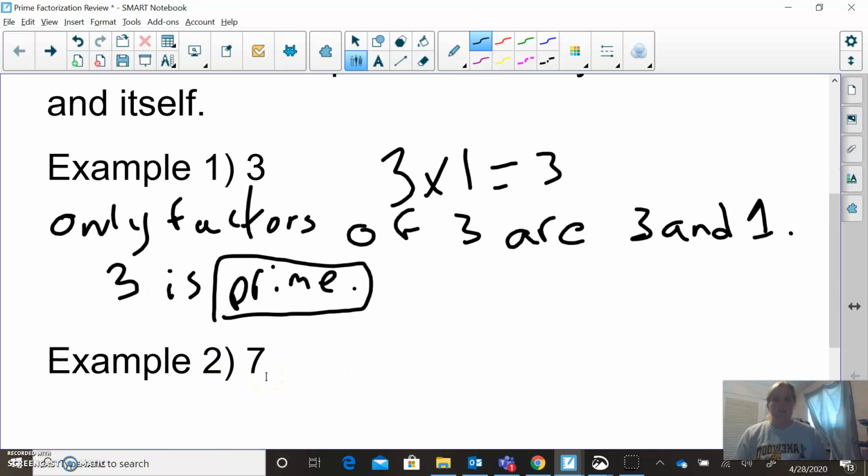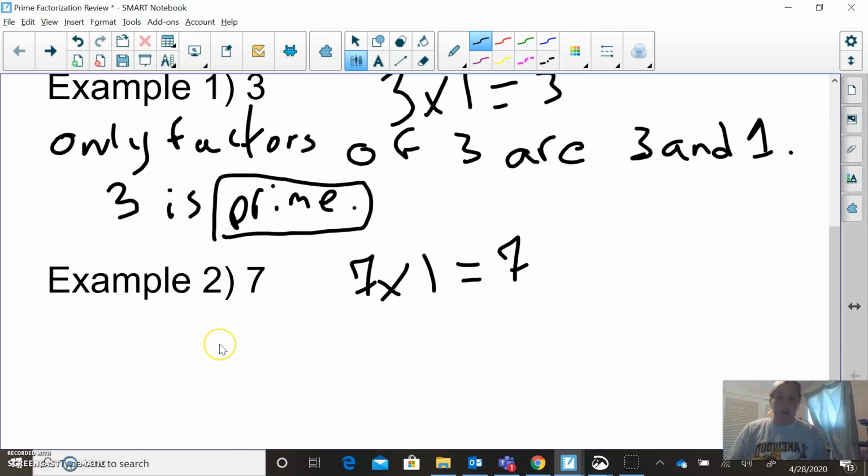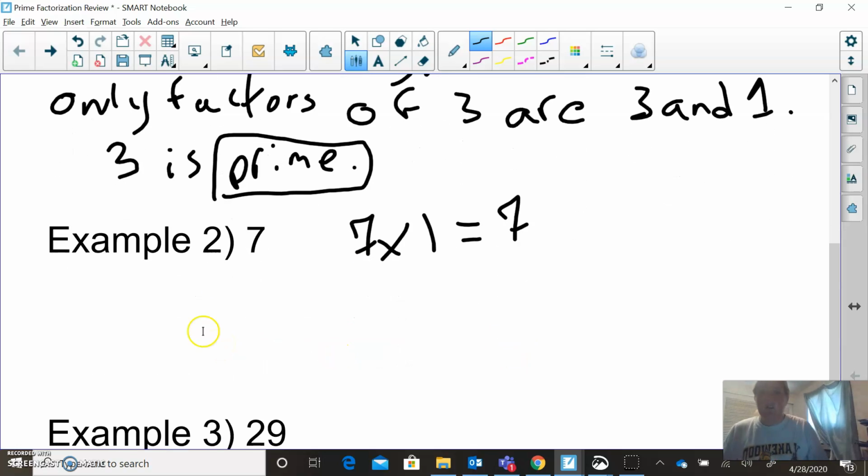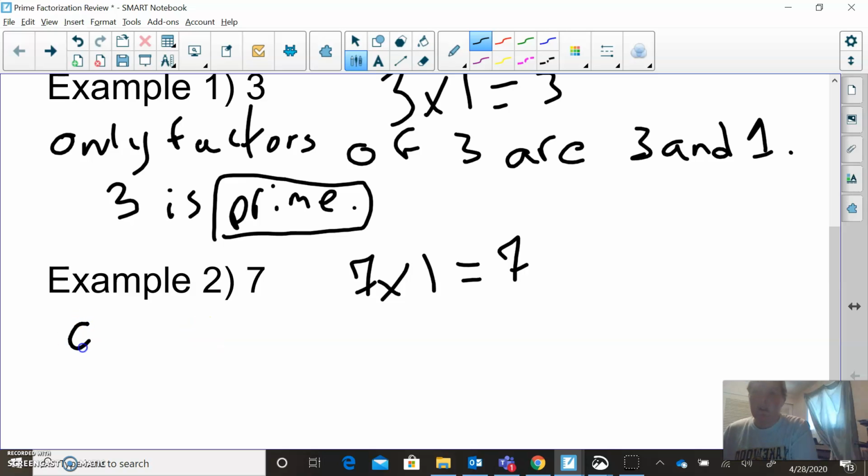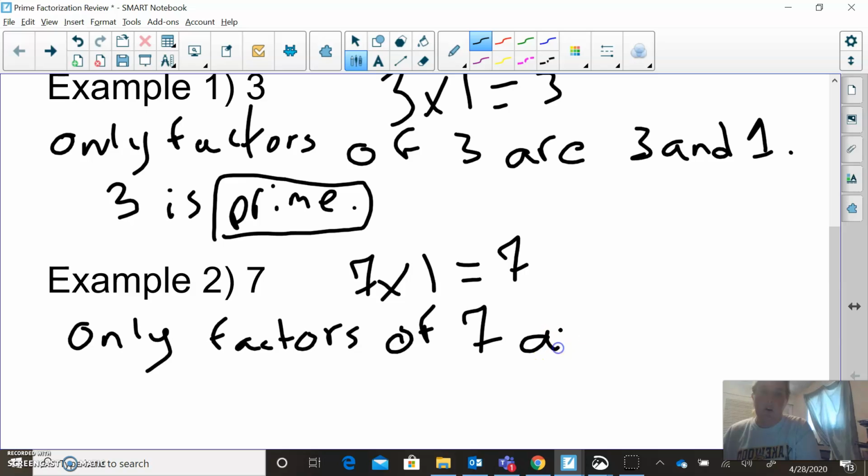So 7. The only thing we can multiply to get to 7 is 7 times 1. 7 times 1 equals 7. So the only factors of 7 are 7 and 1.